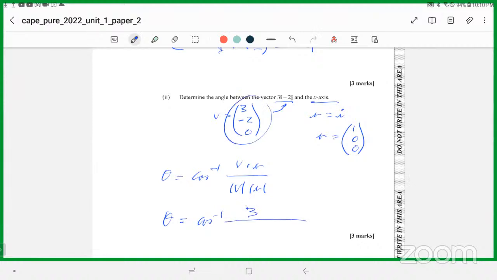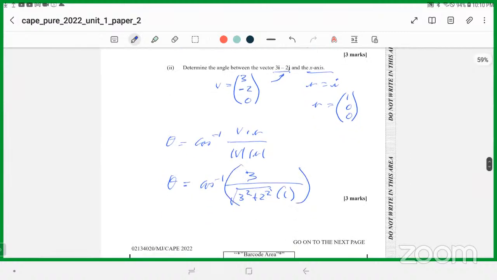Over the modulus of this now, square root of 3 squared plus 2 squared. And then the modulus of that is just 1 times 1. The modulus of a unit vector is 1. So you work this out on the calculator now and get your angle.